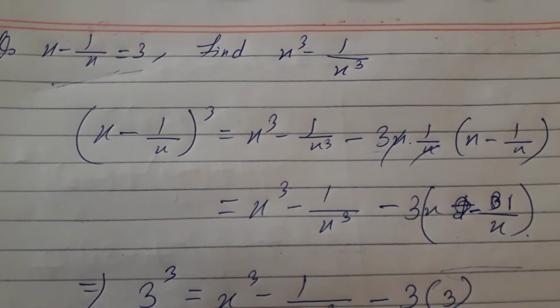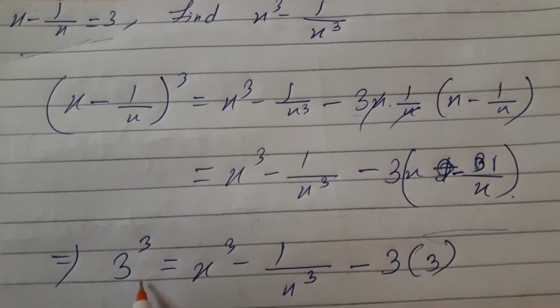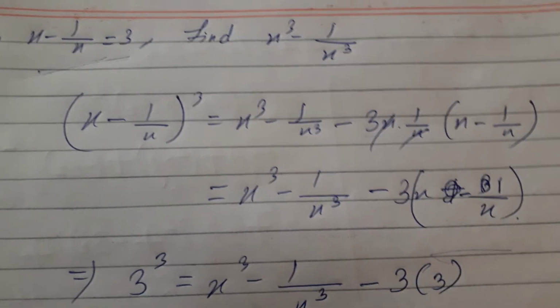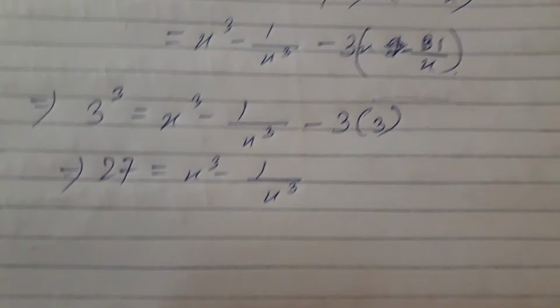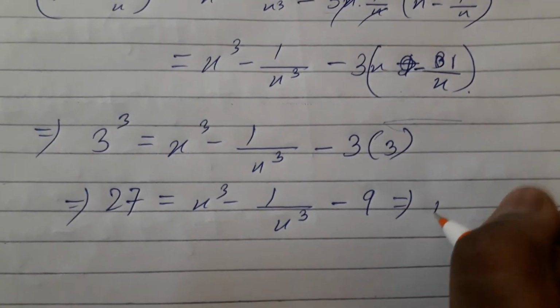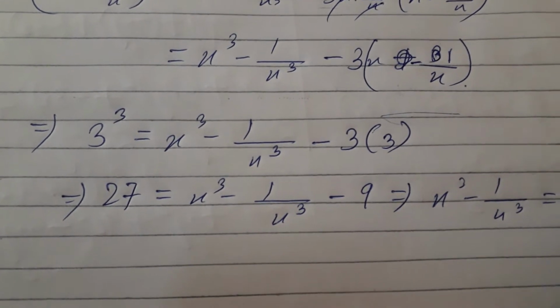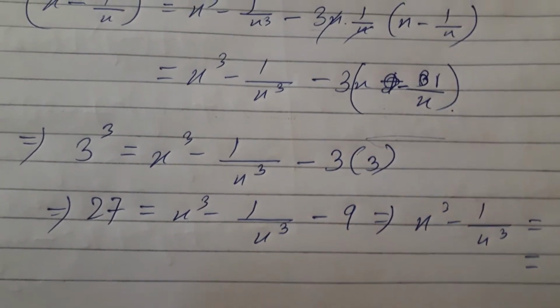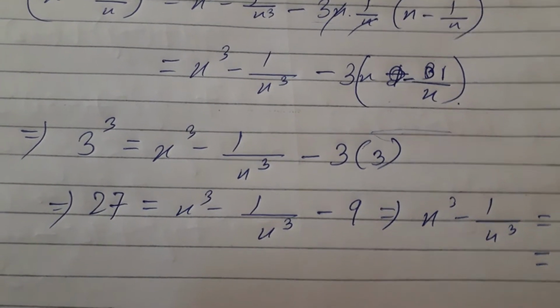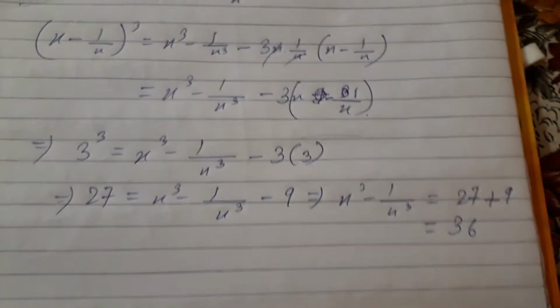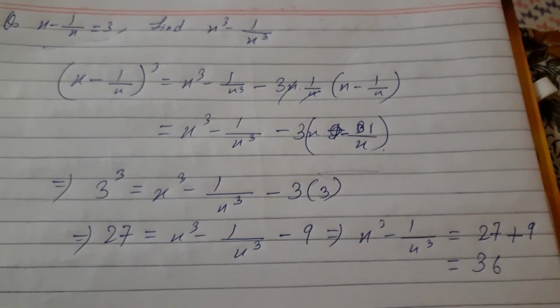This will be 3 into 3 is 9, 3 nines are 27, equals to a cube minus b cube minus 9. Then a cube minus b cube will be 27 plus 9, and then you will get 36. Now see, this is your answer.